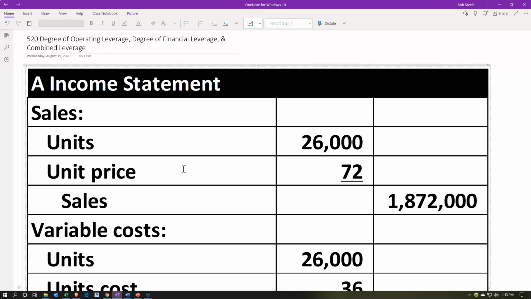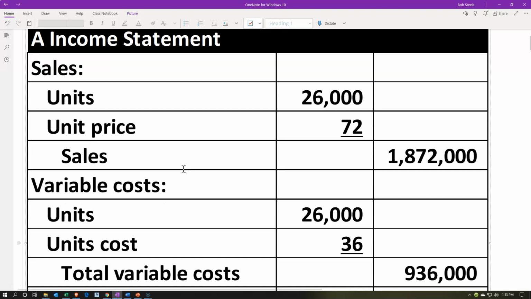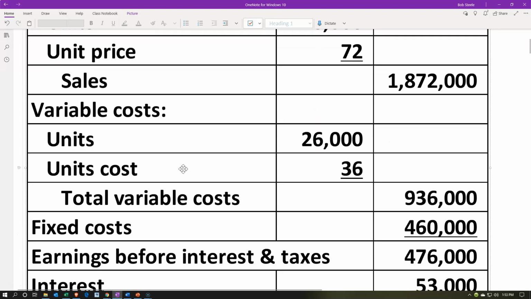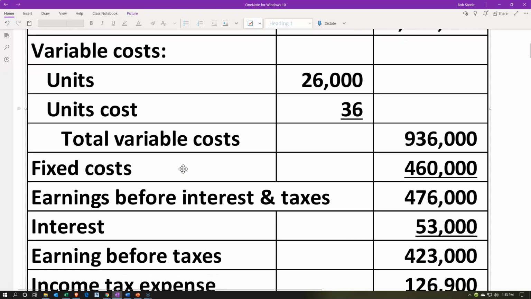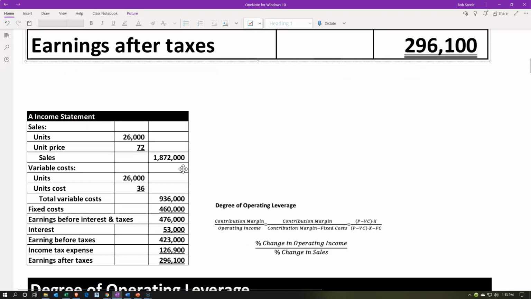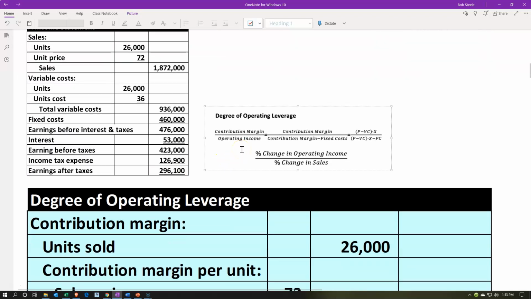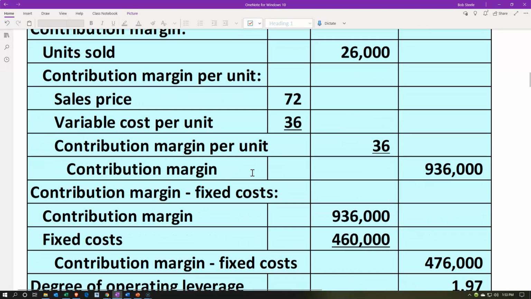So we have the income statement here that we used. This is a contribution margin format income statement, as opposed to a normal income statement, taking sales minus variable costs, giving us the contribution margin, minus the fixed cost, as opposed to sales minus cost of goods sold, giving us the gross profit. So we used this information to think about our first leverage calculation, degree of operating leverage, and we did that for our first scenario.